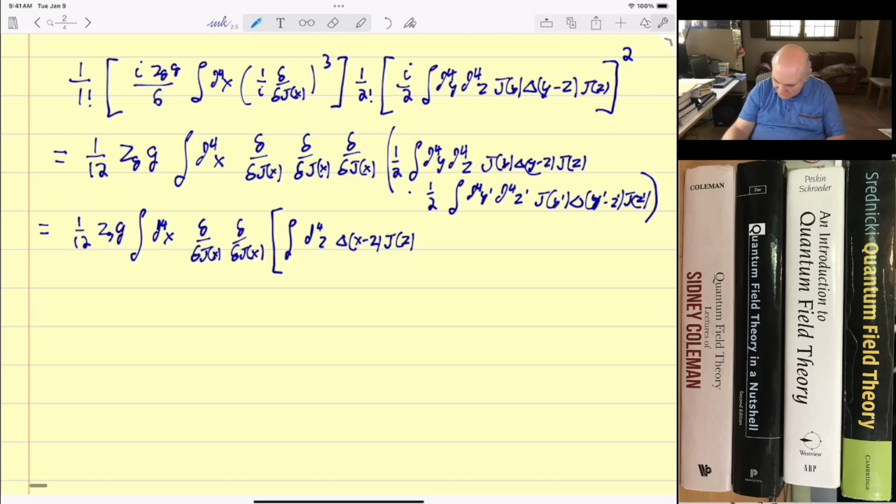Now, for the other term, you might think I left out the half, but I didn't. When we take the functional derivative of j(z), we get δ(z minus x). We integrate over z, and that substitutes, so we get Feynman propagator Δ(y minus x) integral d4y j(y). But that's the same thing as the term I already wrote down here. It's just changing variables y for z. It's symmetric. So whenever you have this 1/2 here and you take these two derivatives twice, they cancel. And this is multiplied times 1/2 this expression.